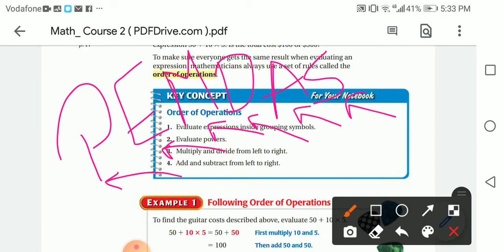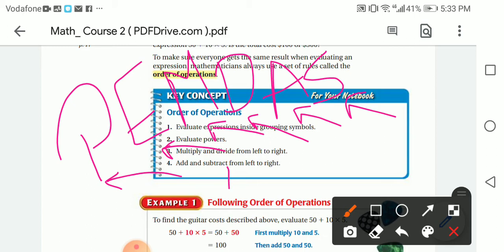PEMDAS, remember well, this is the initials of the following: P for parentheses, the brackets, the in-between brackets. Then E for exponent, the powers. M for multiplication, D for division, A for addition, S for subtraction.